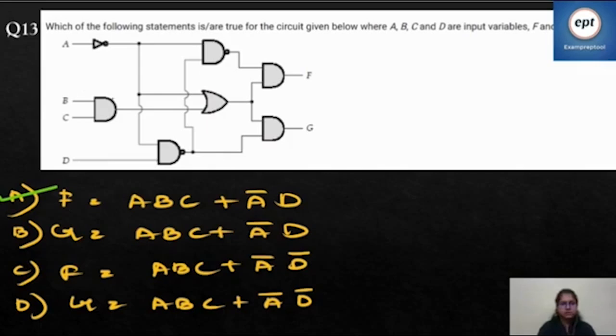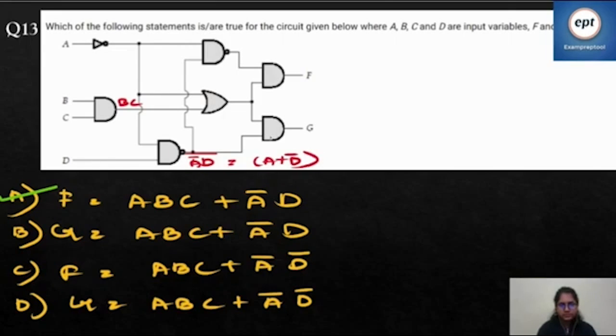So for option G, let's create this. So this is BC, and here it will be A bar, D and the whole bar, which is A plus D bar.